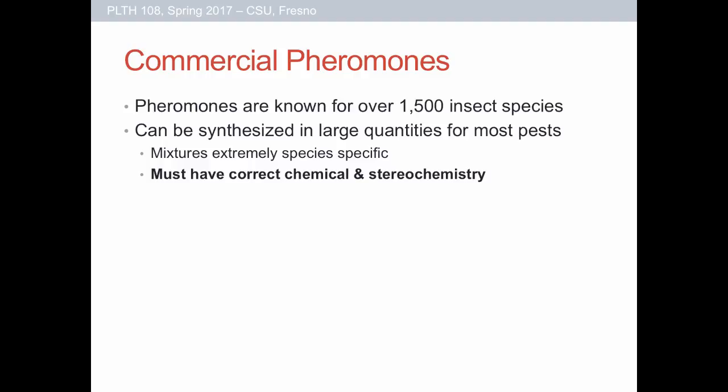Ideally, by synthesizing these pheromones in large quantities, we could throw insect behavior into some sort of overdrive, in a way that will cause them to die out, or at least to avoid the crop that we are trying to protect.